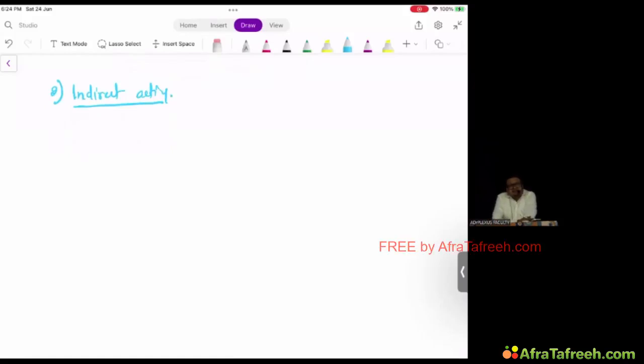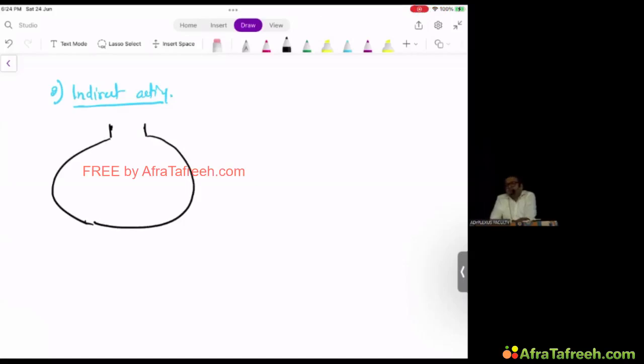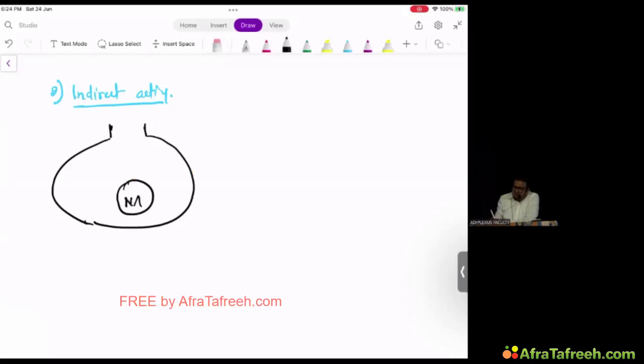As the name suggests, these drugs will not act directly on the receptor. Indirectly acting. So how do these drugs act? That is what you first have to understand. There are three important mechanisms. Draw the diagram of the synapse and try to understand the mechanisms. The vesicle is filled with NA.